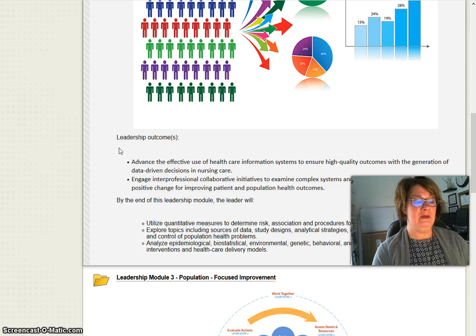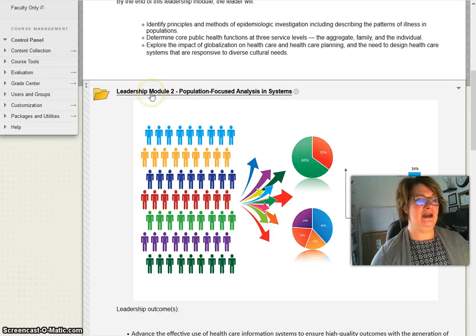So you're going to be looking at biostatistical information, environmental issues, behavioral issues, socioeconomic issues. All of those factors play into the very complex experience of health or lack thereof. So with that being said, let's go ahead and take a look at our module itself.